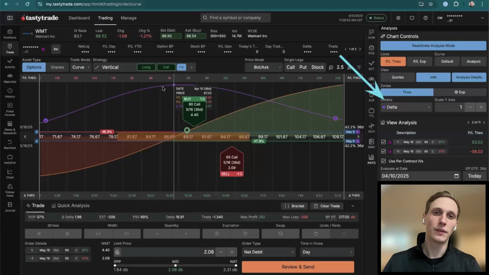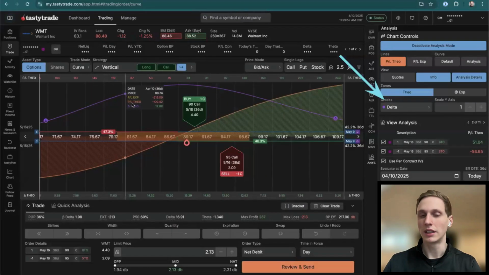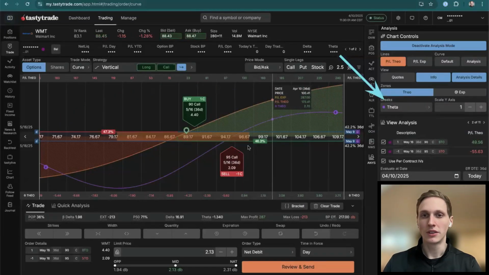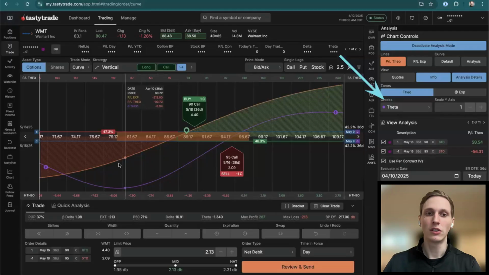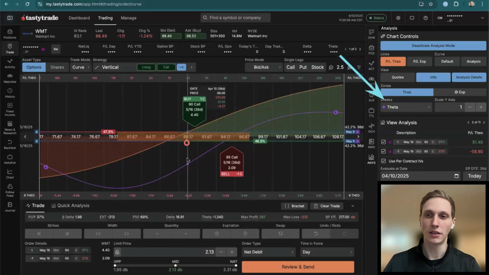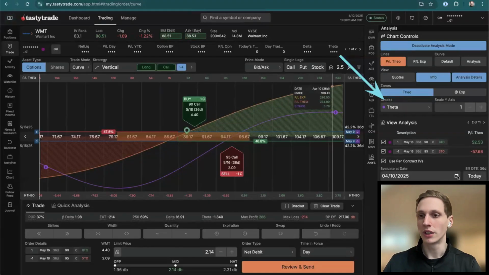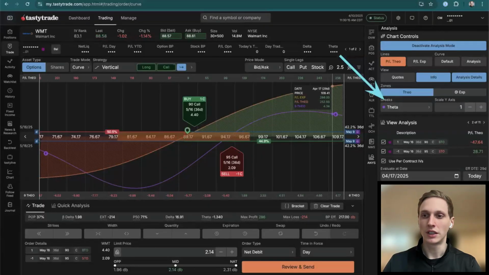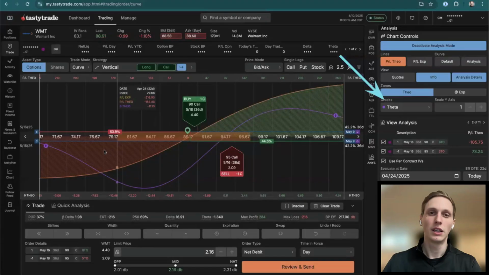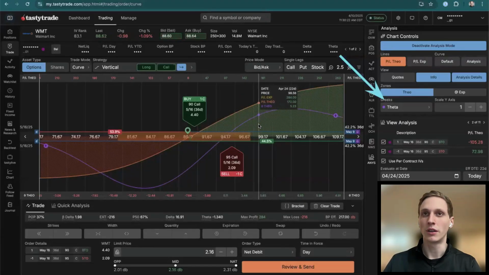On the other side, as it decreases, we'll start to see it decline as well. Now we can look at theta too. You can see how our theta changes as the price on Walmart increases or decreases based on the date that we're analyzing at. And if we start analyzing at different dates, you'll see how changing the date is also interacting with our Greeks.